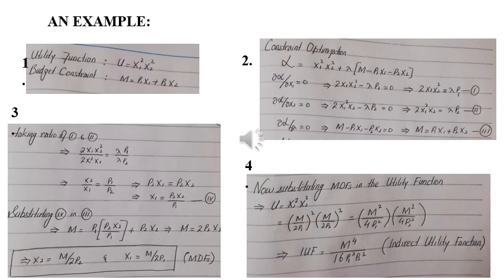And then after simplification, we got m power 4 divided by 16 p1 square into p2 square, which is the indirect utility function. And it's clear from here that it is the function of prices and income. So once again, I'm repeating that in order to obtain indirect utility function, we have to substitute the Marshallian demand functions into the direct utility function. So this is all about indirect utility function.